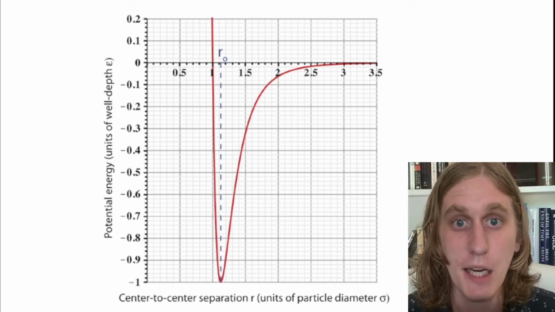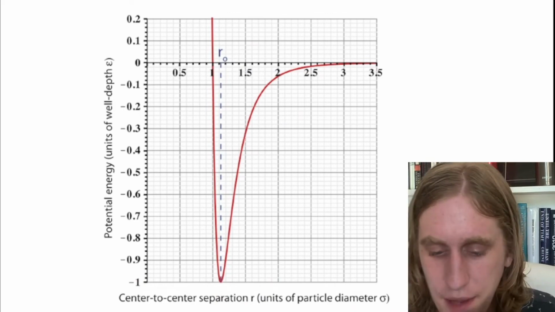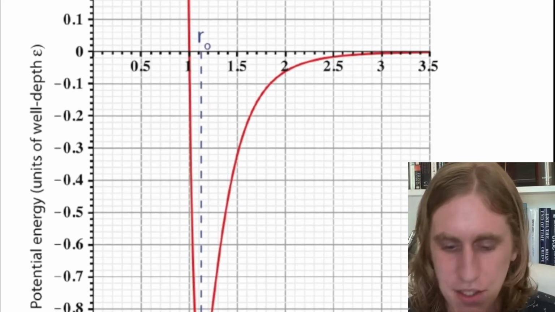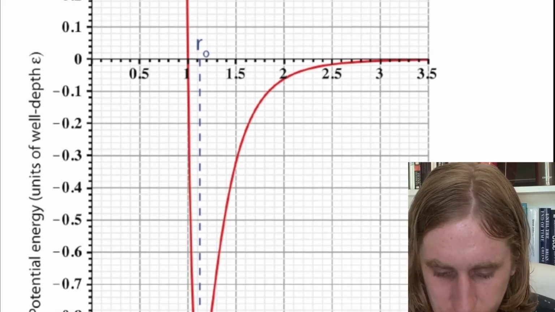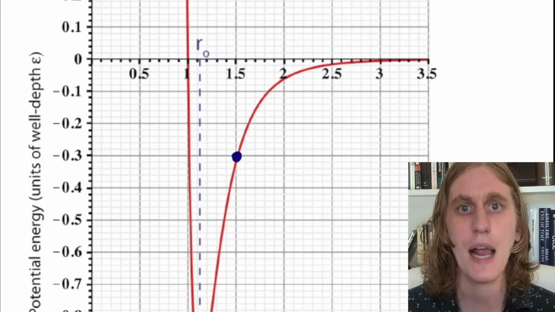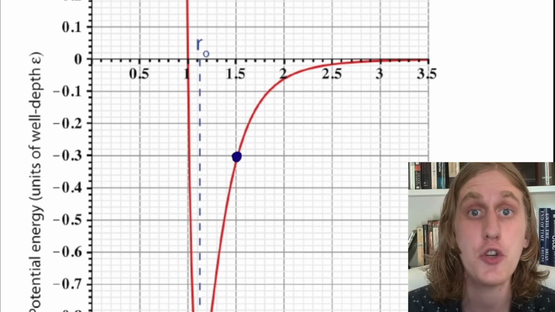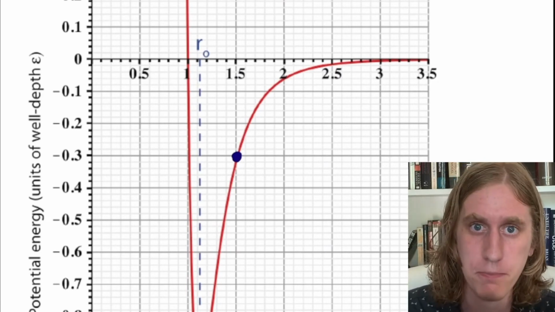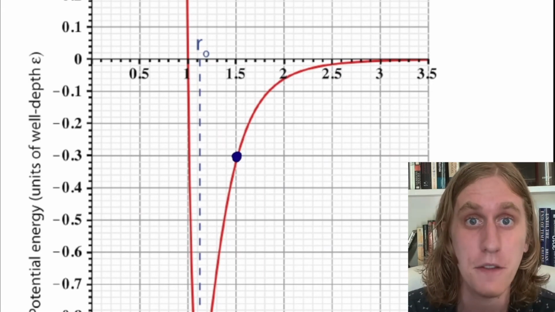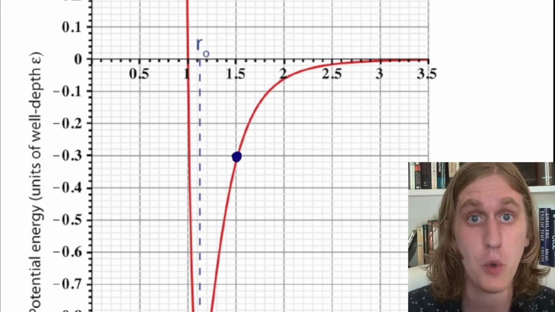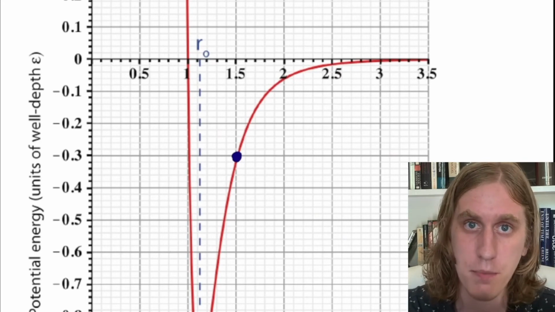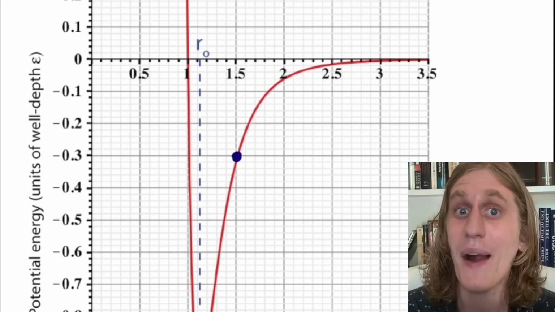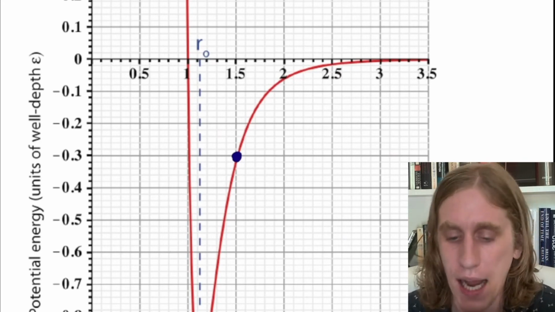So let's pick a point and see how this all works together. Let's say that we had some particles that were sitting right here. Remember, this graph represents the potential energy for two particles together. So we're always talking about two particles. We can get two pieces of information from this graph. First, we can figure out how far apart the particles are, and second, we can figure out how much potential energy they have.